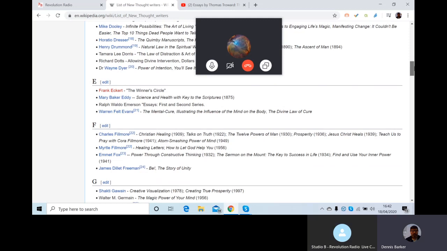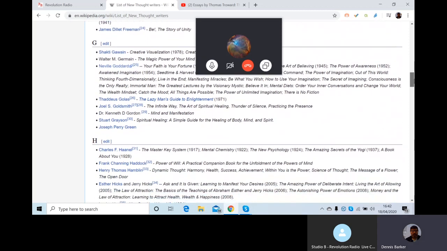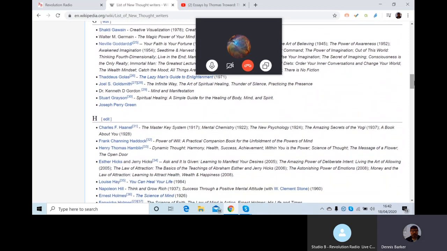So Charles Fillmore's on the list, Shakti Gawain's on this list, Neville Goddard, who I've spoken about before, Charles F. Haanel, who I quite like. The Master Key System is one of my go-to books, just for reminding myself of the techniques to use for visualization and stuff like that.